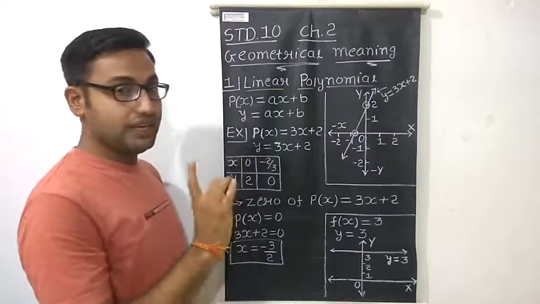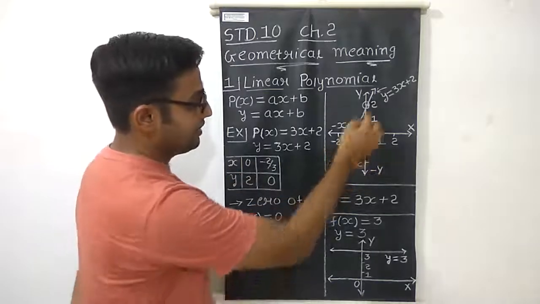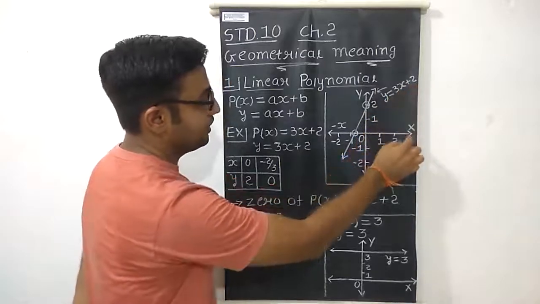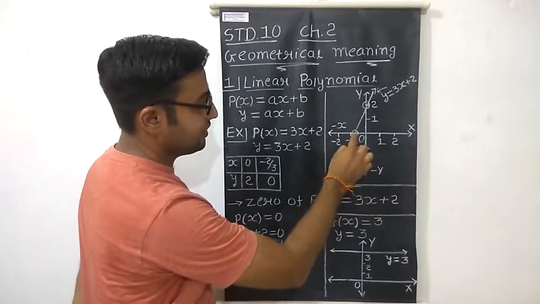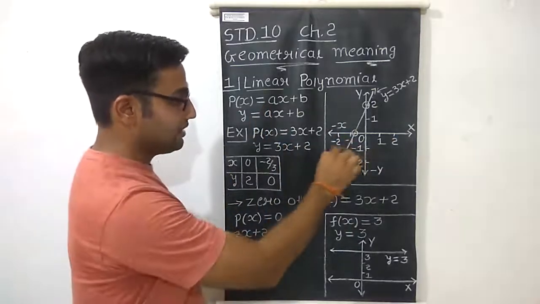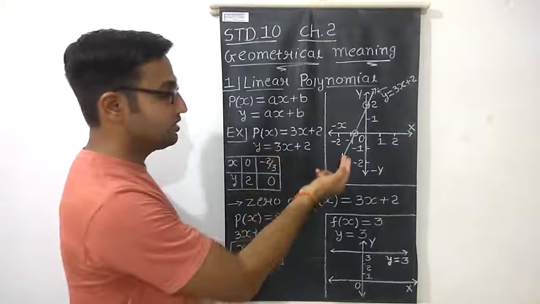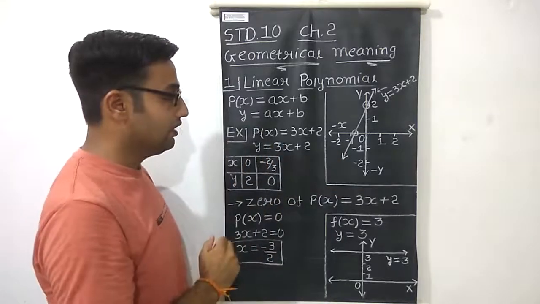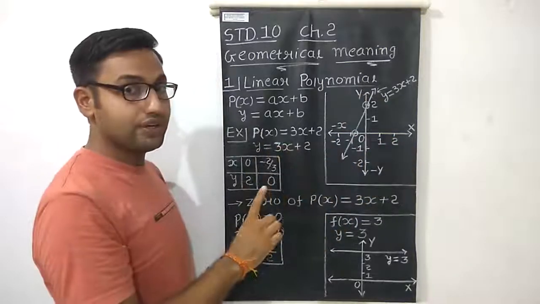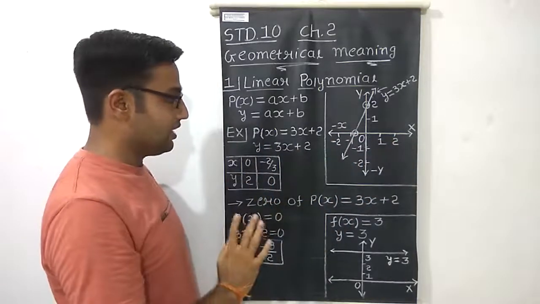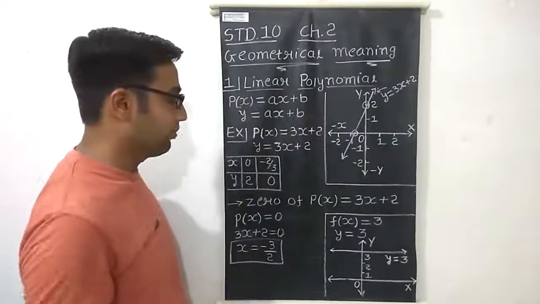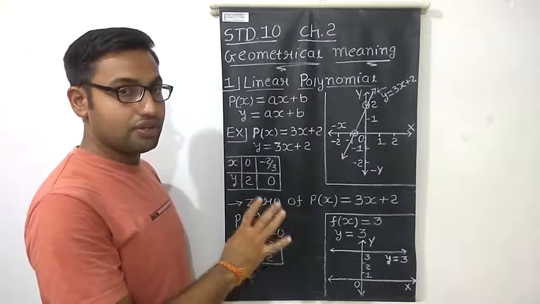We have to notice one thing here: this graph of y equals 3x plus 2 intersects the x-axis in one point. It has a relation to the number of zeros of the polynomial. As it touches the x-axis in only one point, we can say that this polynomial has only one zero. Let's find the zero.